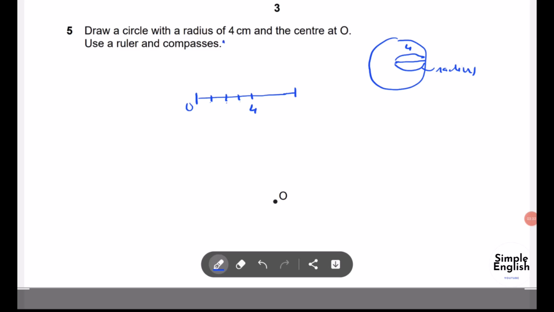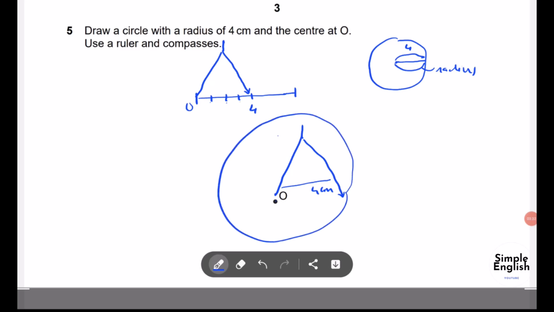And then we use your compass to measure 4 centimeters. Use the compasses. Remember this one is 4 centimeters. And then you draw a circle from the center. So we have a circle with a radius of 4 centimeters.